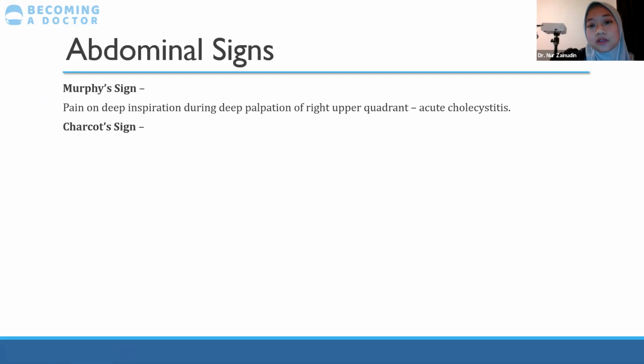Charcot's sign or Charcot's triad. There we go, fever, jaundice, right upper quadrant pain.